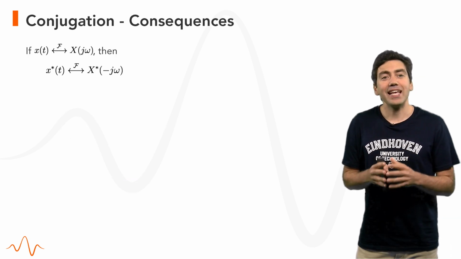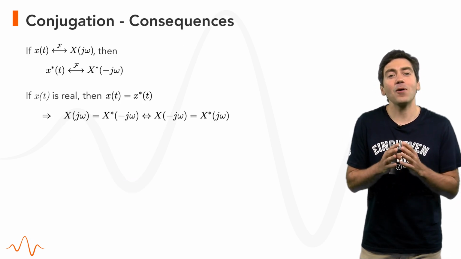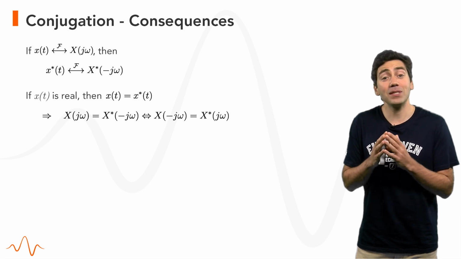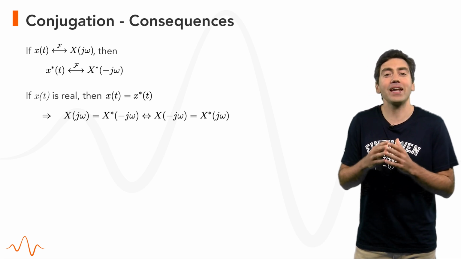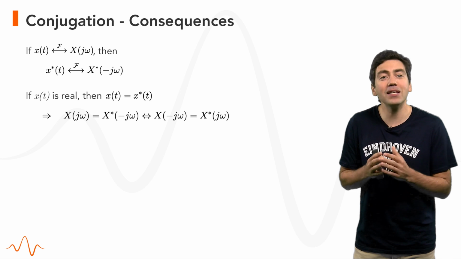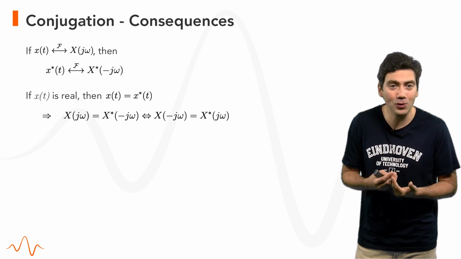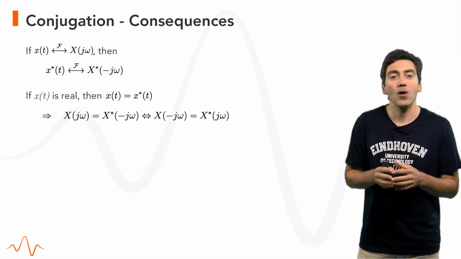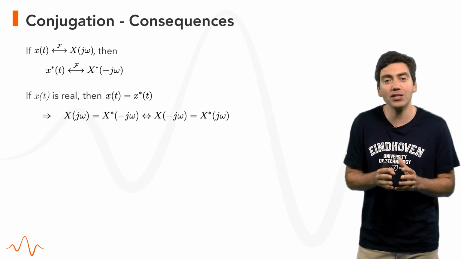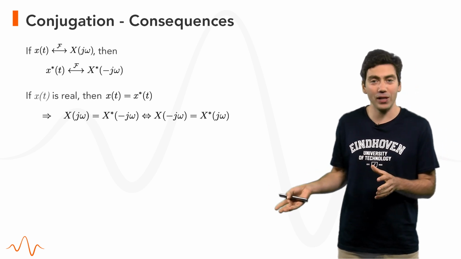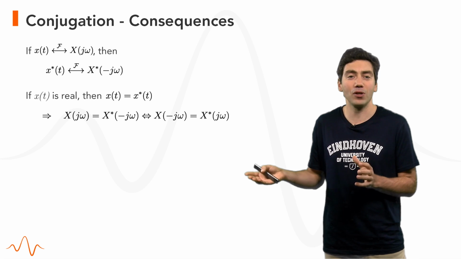The consequences: if x is real, then the complex conjugate must be equal to itself, so that capital X of j omega must be equal to the complex conjugate of capital X of minus j omega. Or in other words, X of minus j omega must be equal to X conjugate of j omega.